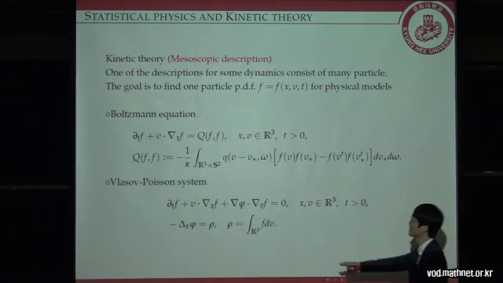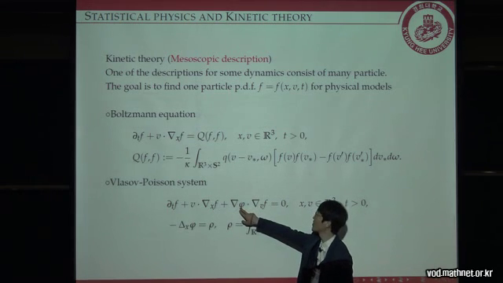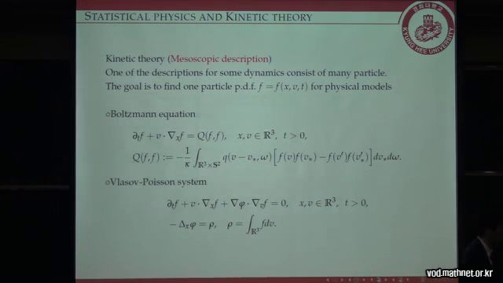You mean this one? Right? Actually, this is some kind of approximation. If we have some particle and this particle has some electric field, then this system is governed by the Maxwell system.